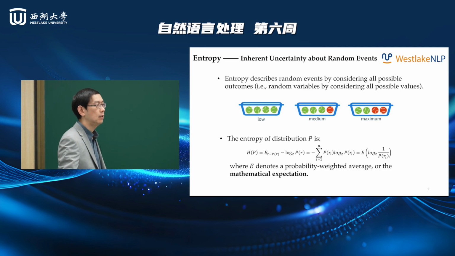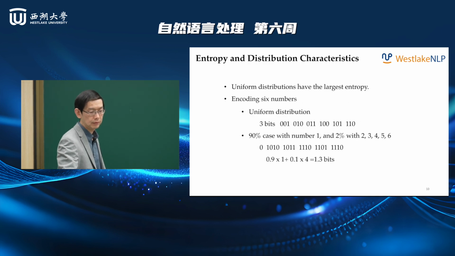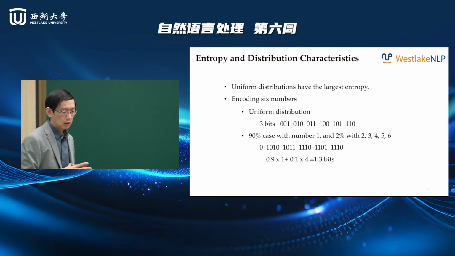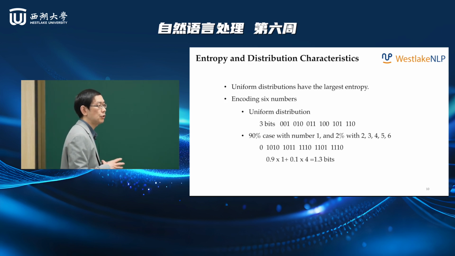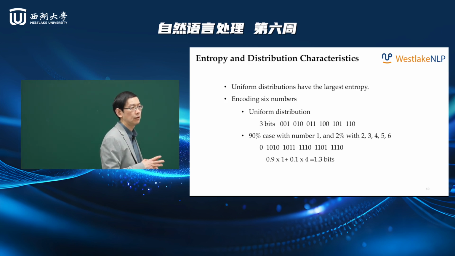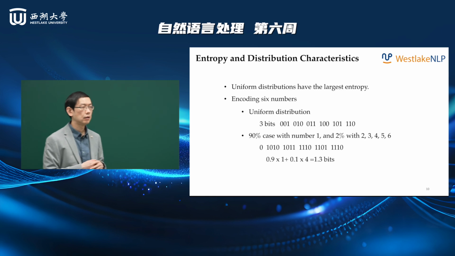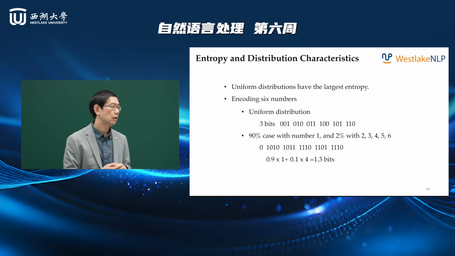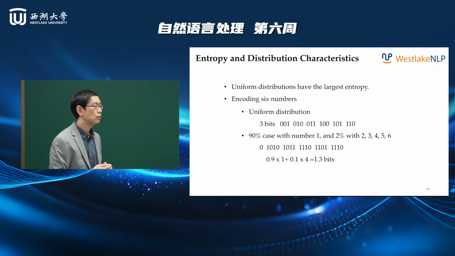Entropy measures something about our random variable, but what does it measure? Overall, it measures uncertainty. Let's imagine we have a sure event, an event whose outcome we already know.